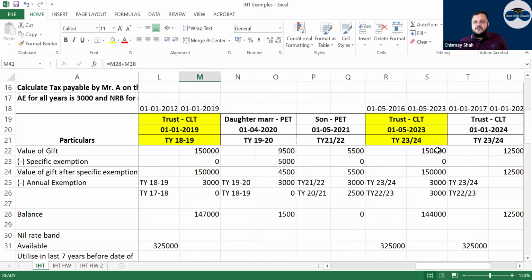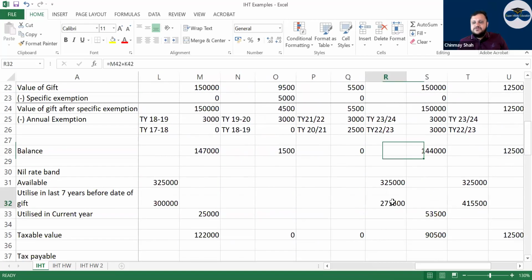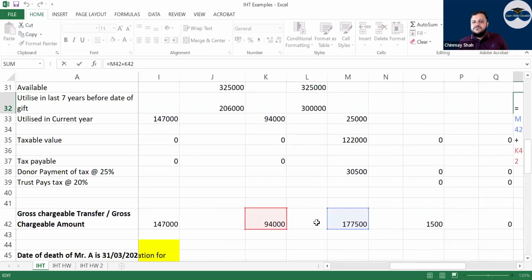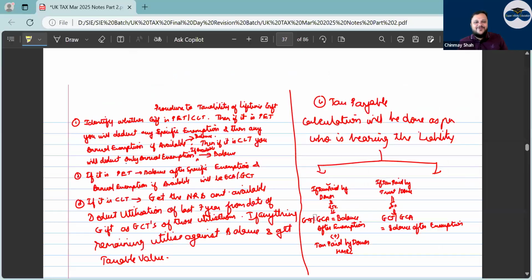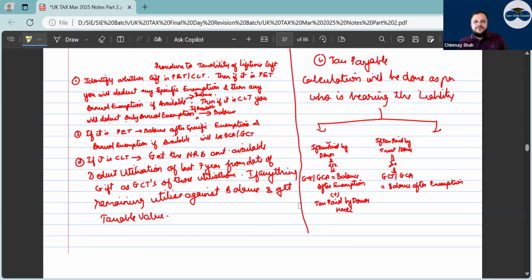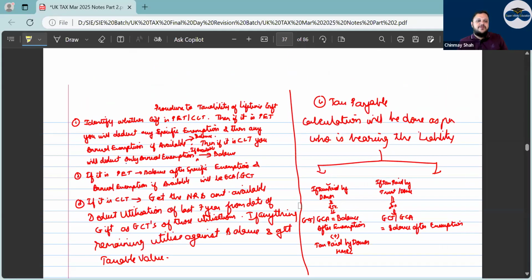Trust CLT again, 150,000. You go back 7 years, 271 is used, correct? So go back 7 years and utilization will be only GCT, correct? Now all this, whatever I said, is written in a procedure. Identify whether gift is PET or CLT. Then if it is PET, you will deduct any specific exemption and then any annual exemption if available.